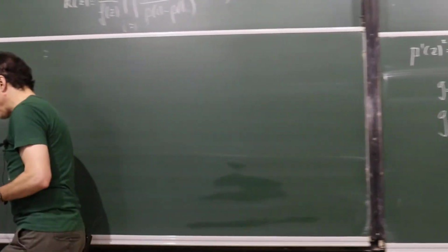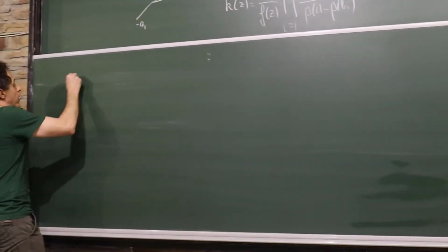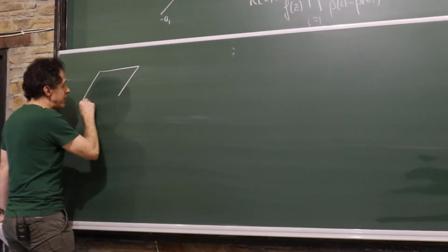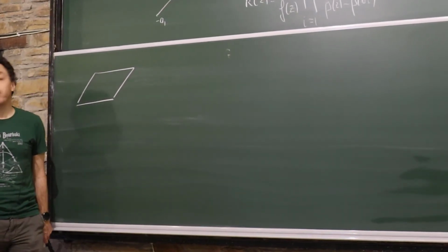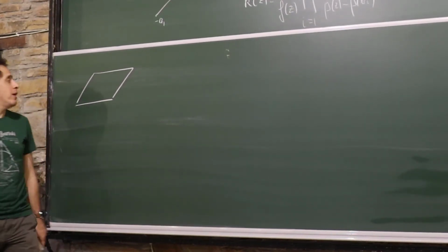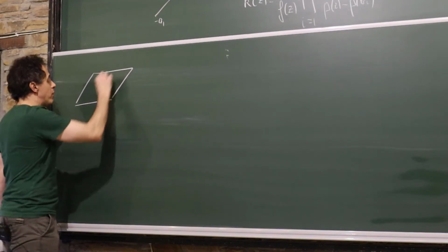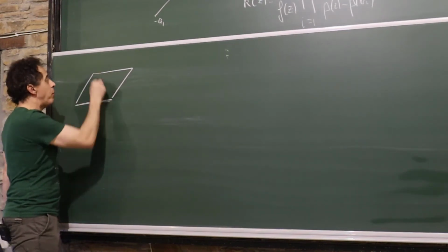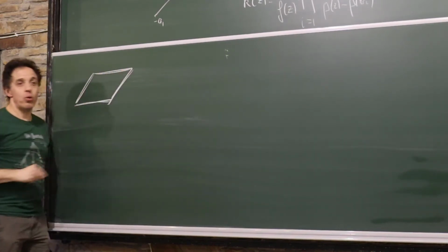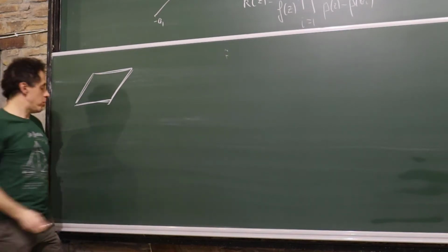In fact, when we have a lattice like this, and we have some doubly periodic function, well, elliptic, like this, we identify the opposite sides, we have a torus.